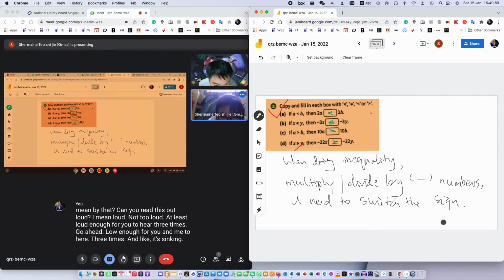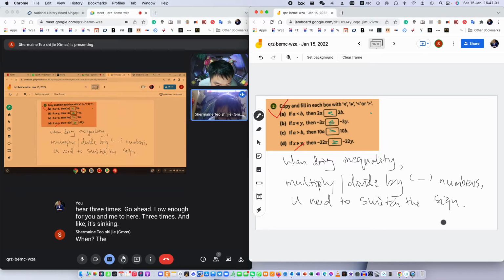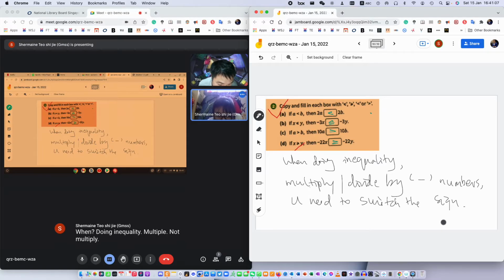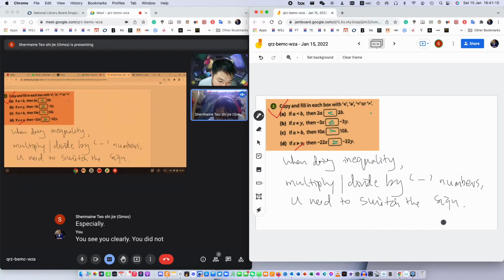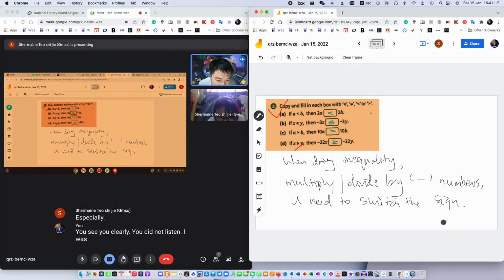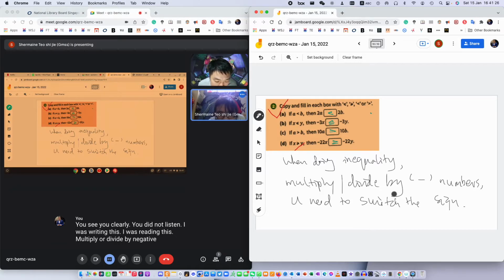When doing inequality, multiply or... you see, you did not listen. I was writing this, I was reading this. Multiply or divide by negative numbers.